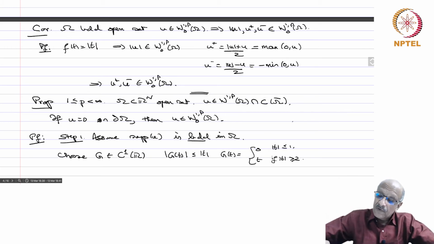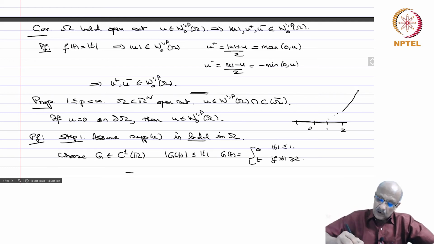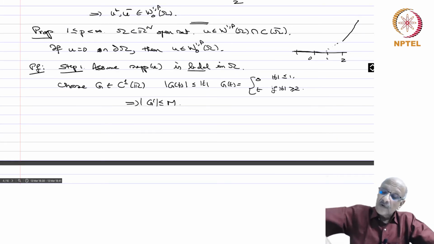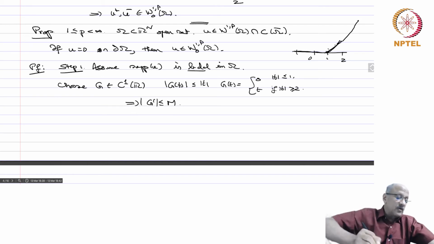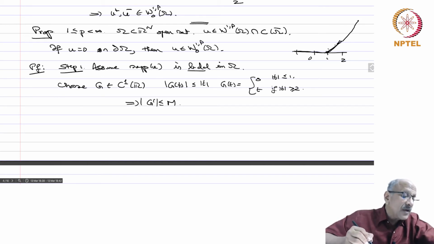So you have 0 here, then you have 1 and then you have 2. In this region the function is 0, and from here it is just taking off as t, and so this will automatically imply that |G'| is bounded. You need to smoothen out between the two with some smooth function, and such functions always exist.